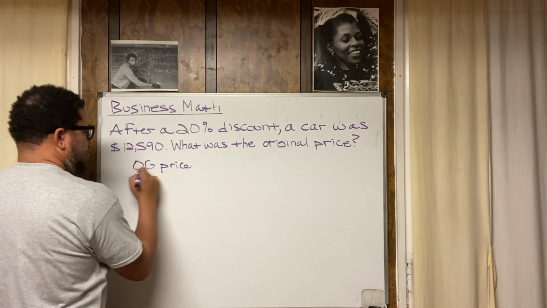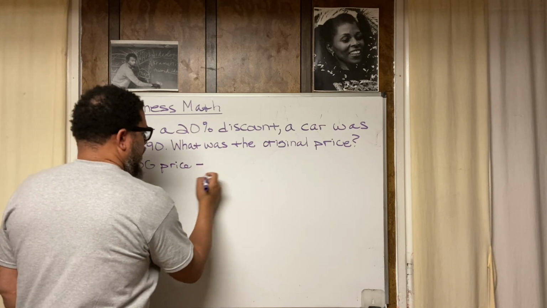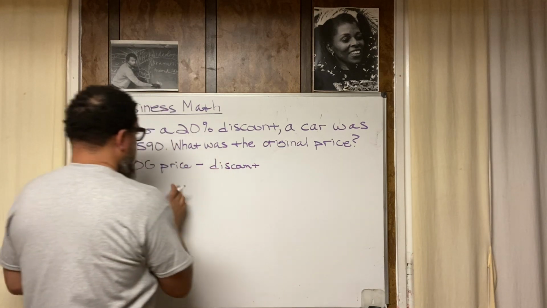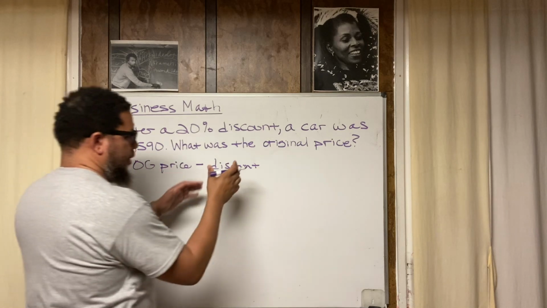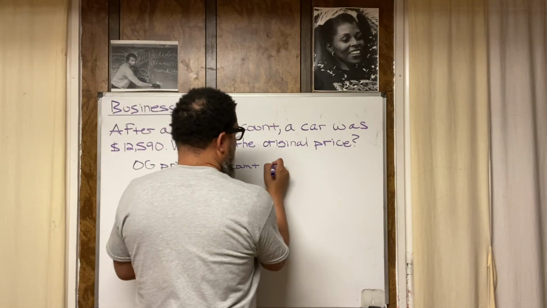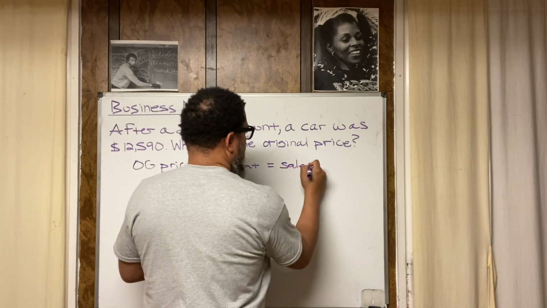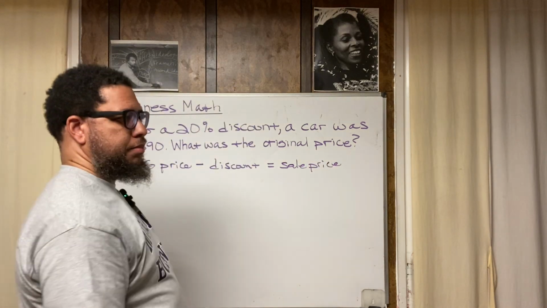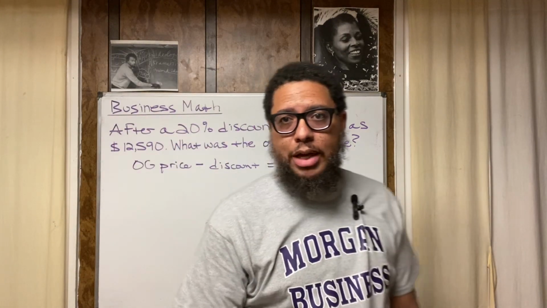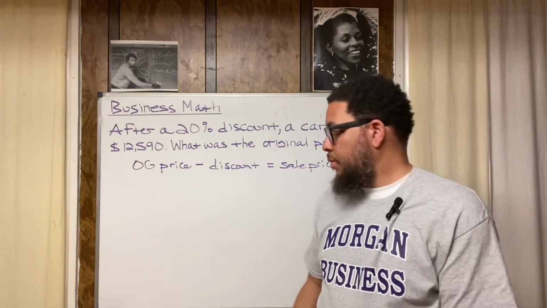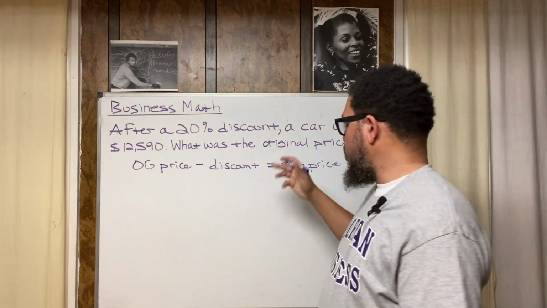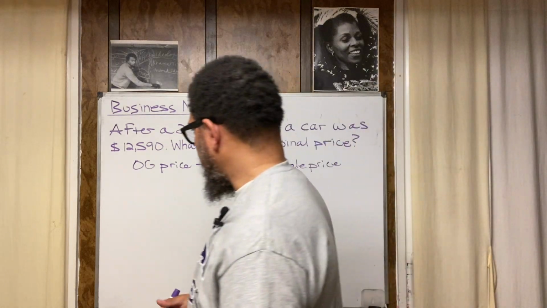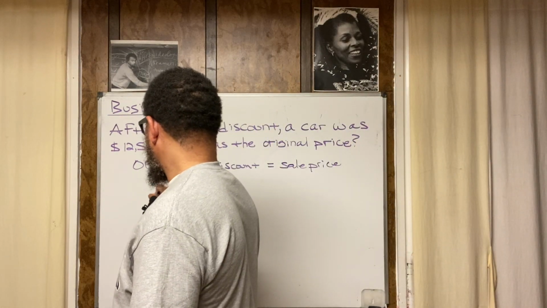We have the original price minus the discount, which is a dollar amount, equal to the sale price. In this problem, the sale price is $12,590. The OG price we don't know, so let's use a variable to represent that. Let's call that P for price.